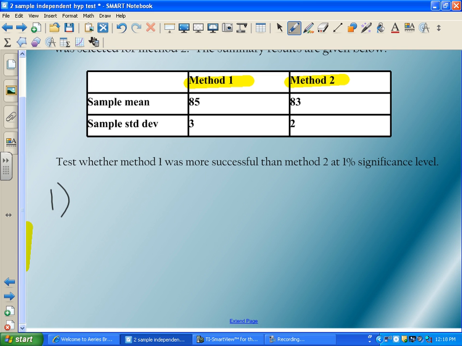We are looking at mu1 minus mu2, where that's going to represent the true mean difference, because we're looking to see if there's a difference between the methodologies. True mean difference between, what do we got here? Course 1 and course 2. Are you guys okay with me just calling it that? Okay.